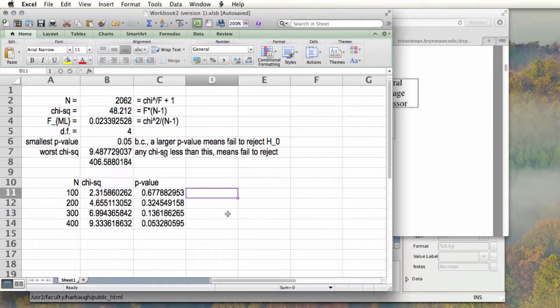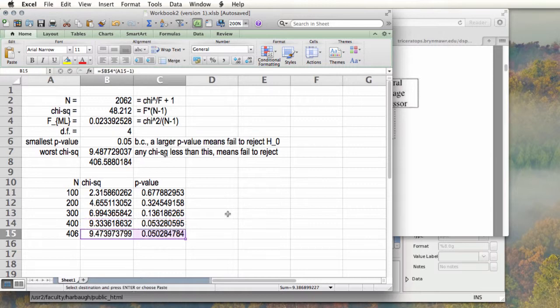The best I could have done was 406. At 406, I'm still just going to clear it, barely, with 0.0502, and at 407, I'm probably not going to clear it.